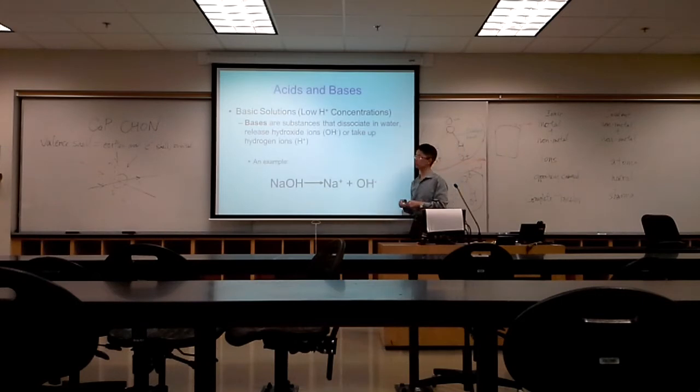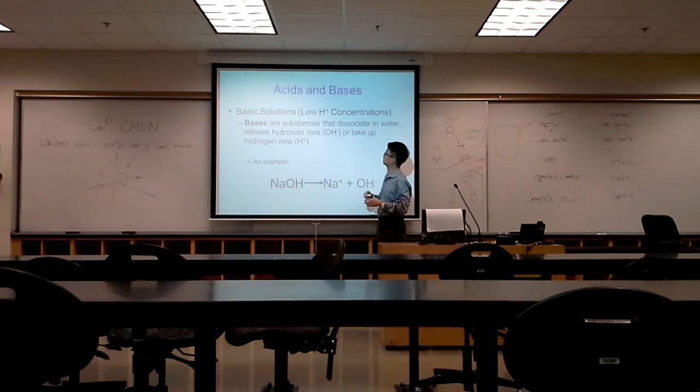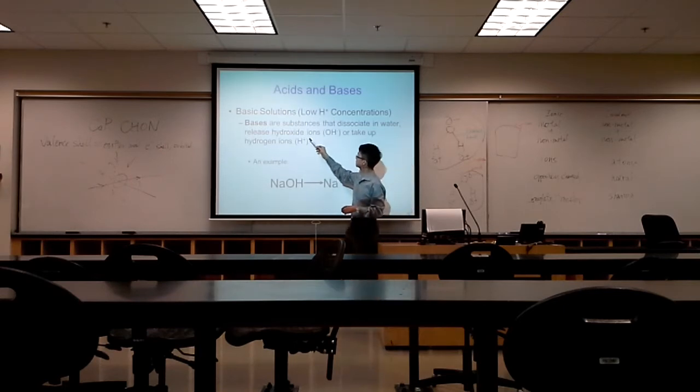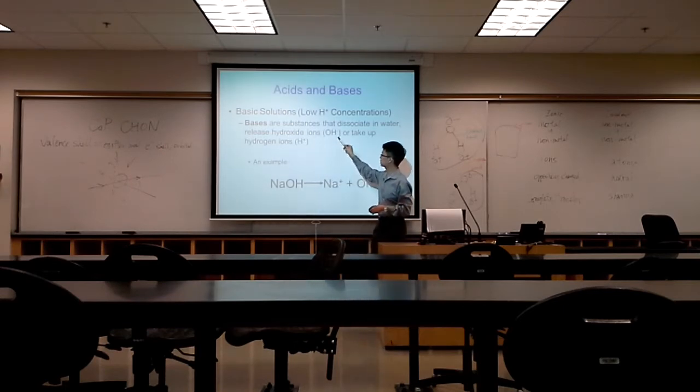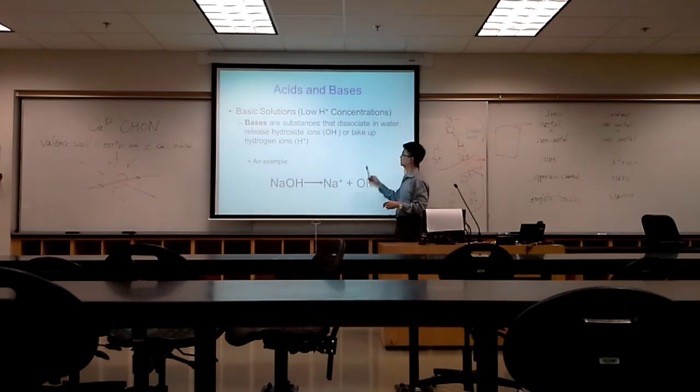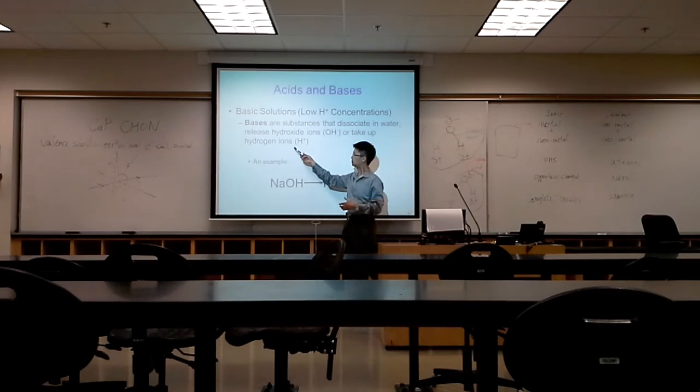Basic solution. How do you define base? It is a solution that has a low hydrogen ion concentration. In here, the first bullet point gives you two definitions. One is that it will release hydroxide ion. Another definition is that you will take up or absorb the hydrogen ions.